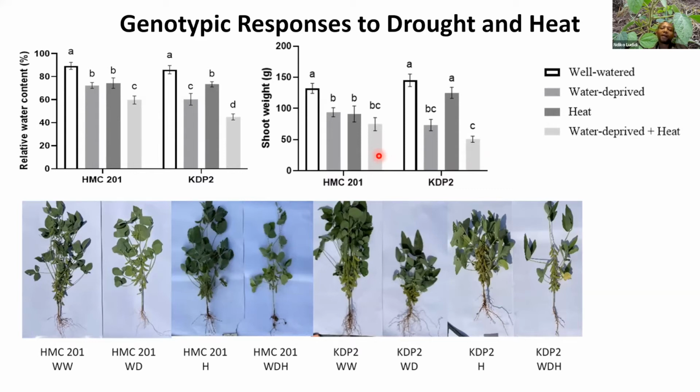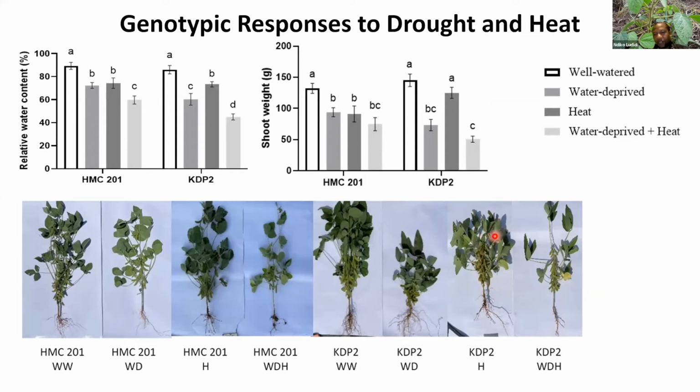An interesting thing is that for KDP2 under heat stress, the shoot weight seems not to be affected. So it seems like KDP2 is happy with heat stress as far as shoot growth is concerned. And that is actually kind of reflected here.